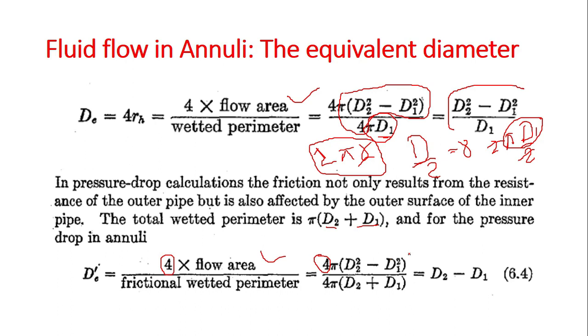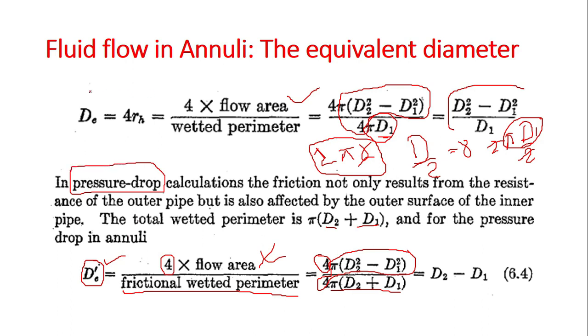And pi by 4 into d2 square minus d1 square is the flow area. And this pi into d1 plus d2 is the wetted perimeter, or simply known as the frictional wetted perimeter. This equivalent diameter dE dash can be used for the calculations where we perform the pressure drop calculations in the design of the heat exchanger.